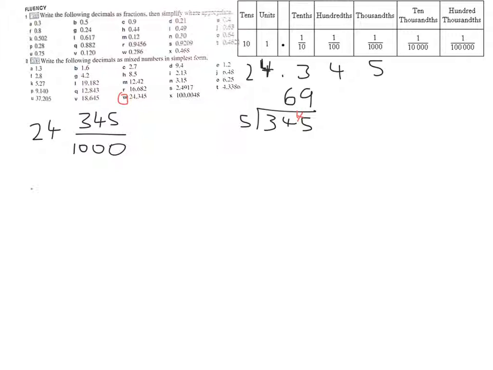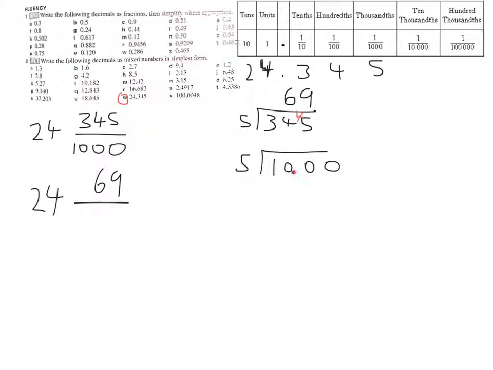Okay, so now we are simplifying, and now we need to simplify this one here, the denominator. You should already know what this is, but if you don't, that's okay. We can work it out. So we ask how many groups of 5 go into the number 1.